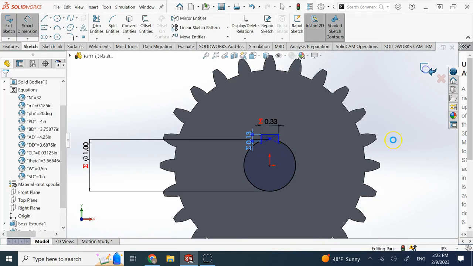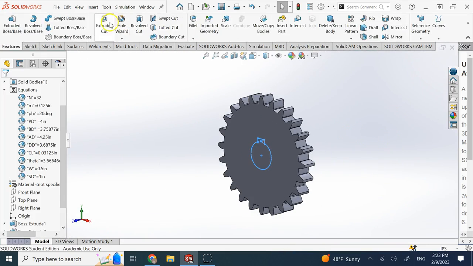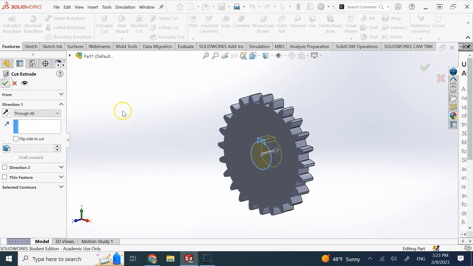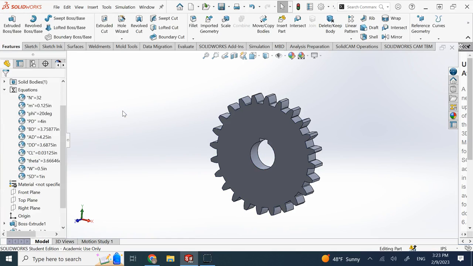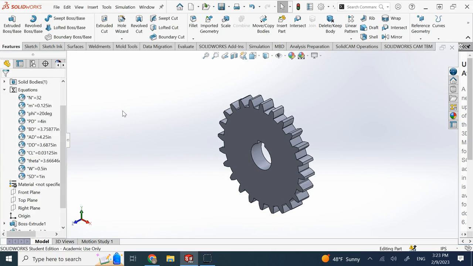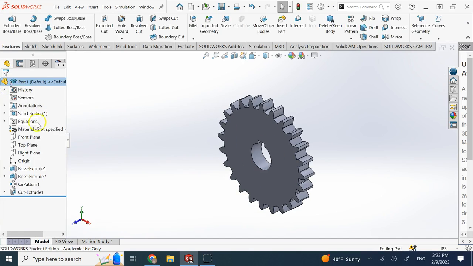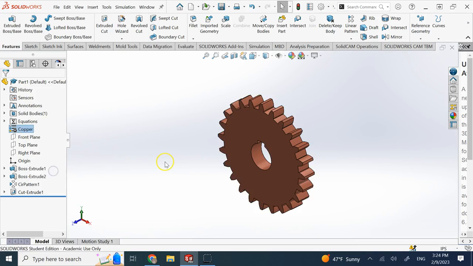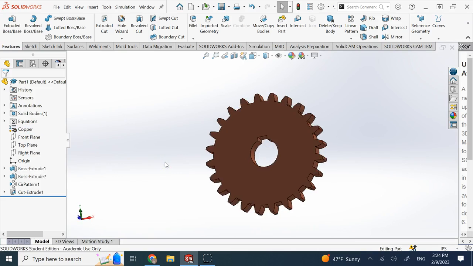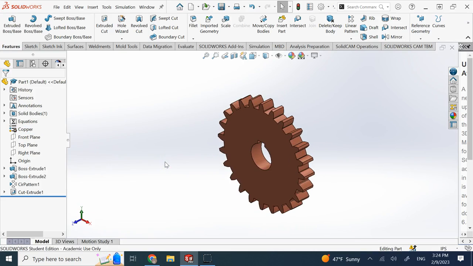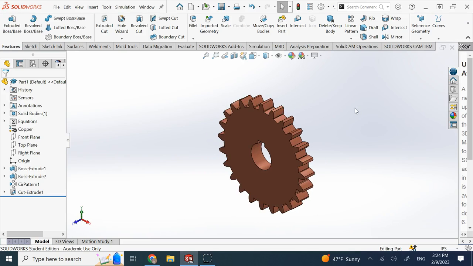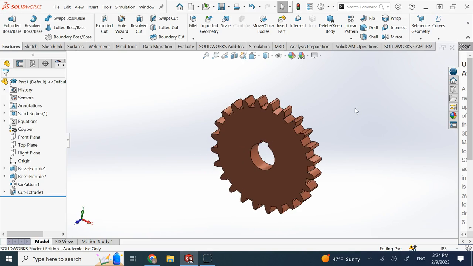Now you have this, and you cut extrude it through all, and you get your beautiful gear. Let's go ahead and apply some material. One of my favorite materials is copper, which has a beautiful color, and I guess this is a simple spur gear.